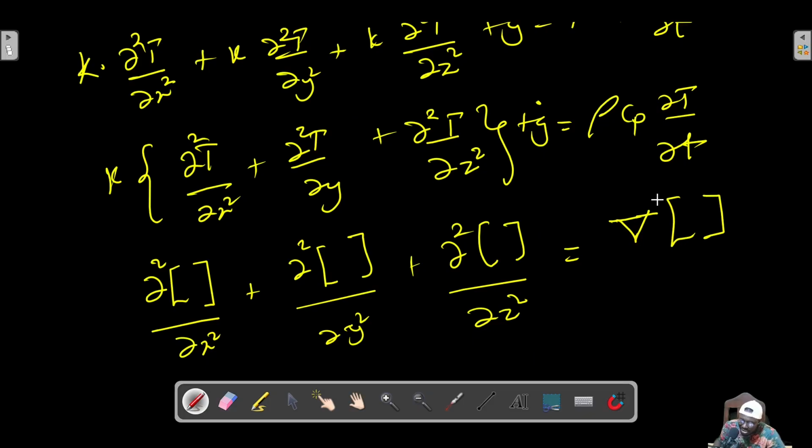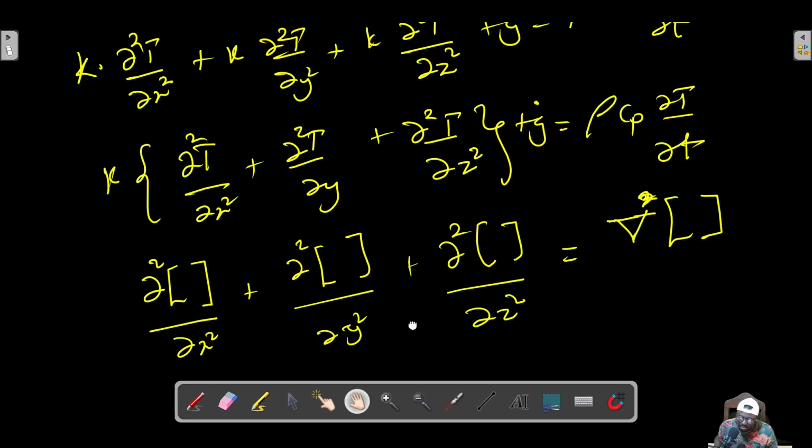The Laplacian simply means the grad squared of the quantity in the parentheses.